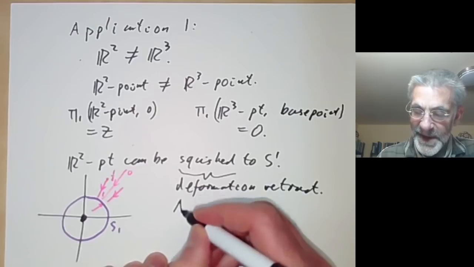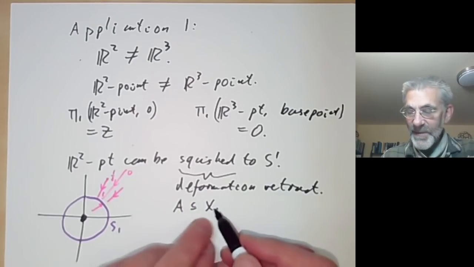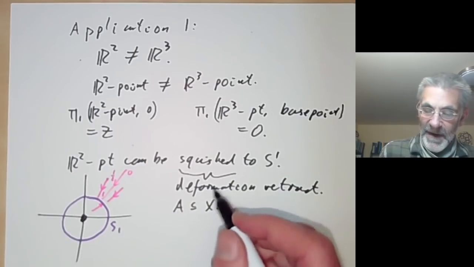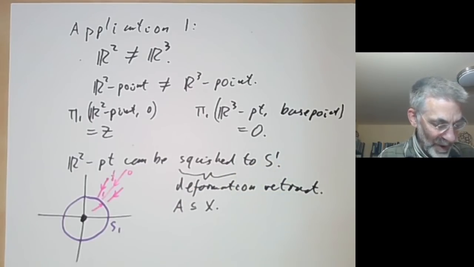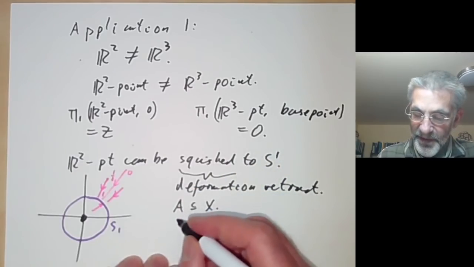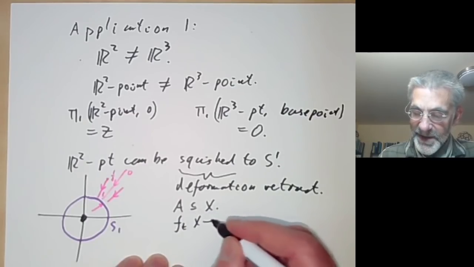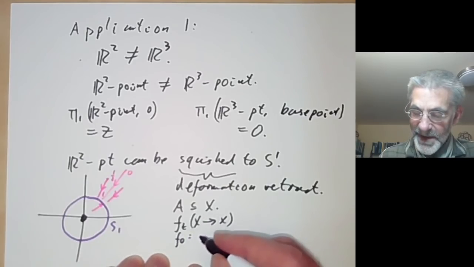Well, if you've got a space A contained in a space X, a deformation retract means you sort of take the identity map from X and kind of gradually deform it until it's mapping X to A. So what we do is we have a family of maps ft from X to X, which have to be continuous. So f0 is going to be the identity.